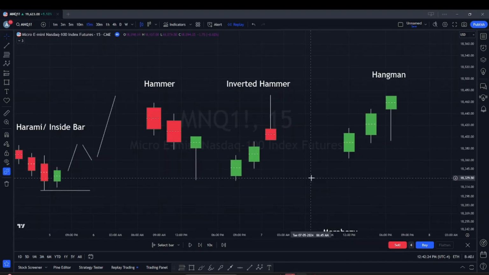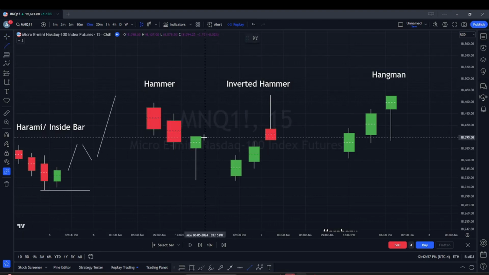Next up, we've got our hammer and our inverted hammer. Very simple. It looks like a hammer. That's it. You're in a downtrend, and price was pushing down, or it could have had a quote unquote liquidity sweep, whatever, down to the bottom, and then buyers stepped in and pushed price back up, signaling that buyers have an interest in this area, pushing price back up.